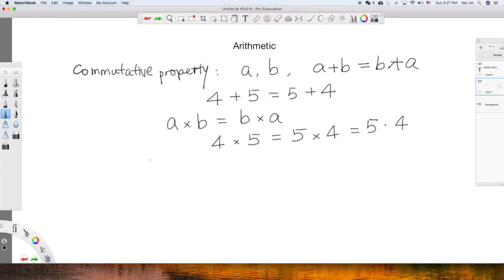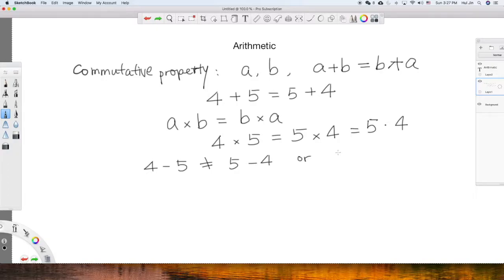We know that the simple operations also include subtraction and division. Does commutative property apply to subtraction or division? The answer is no, or at least not directly. To see that, 4 minus 5 is not equal to 5 minus 4.